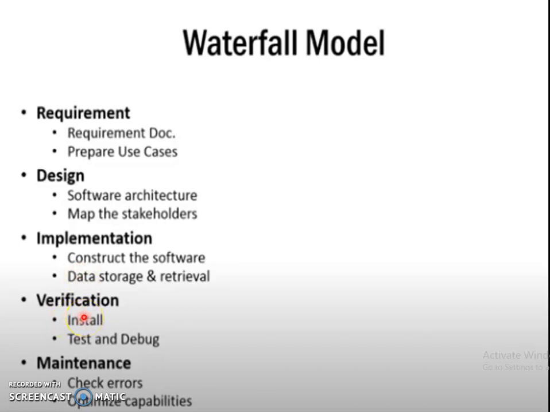In the implementation phase, you have to develop small programs, which are units that can be integrated in the next phase. Each unit is developed and tested for its functionality, which is nothing but unit testing.